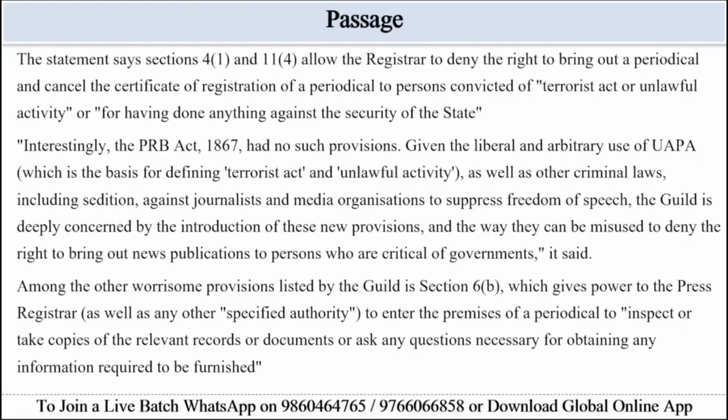Because such vague and intrusive powers can be misused against journalists critical of the government, the Guild argues that the registrar's role should remain limited to registration, not regulation, as regulatory and punitive power in the present political and legal context can chill free speech and undermine the freedom of the press.